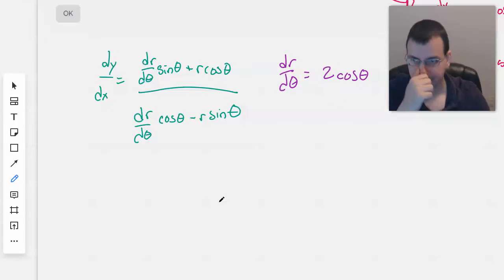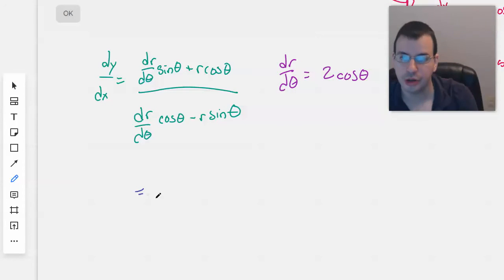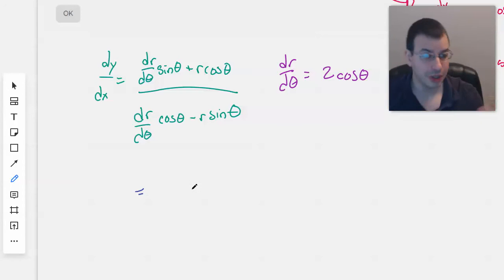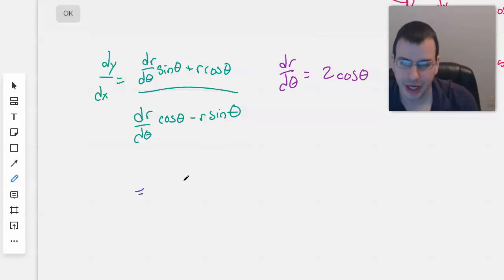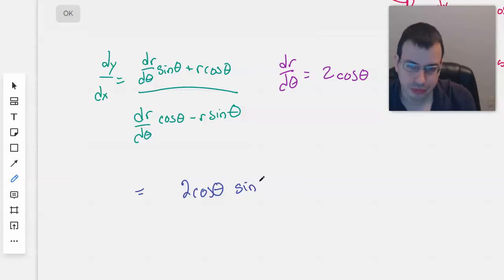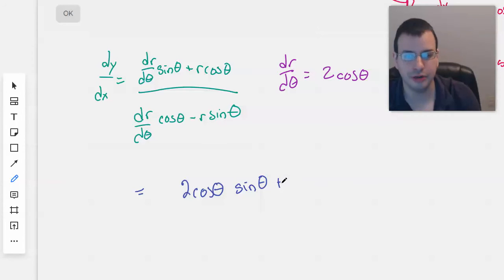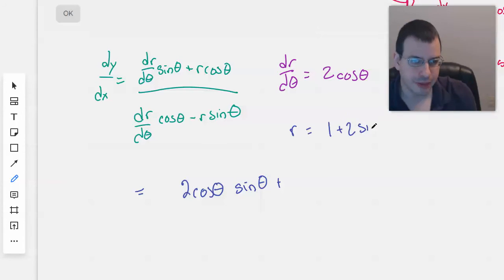Okay, writing this all out, and you don't really have to write all this out because we're already given that theta equals 0, so cosine of theta equals 1. You could plug in 0 at this point and simplify everything, but for clarity, I would like to write this out as much as I can. Plus r, which equals 1 plus 2 sine theta.